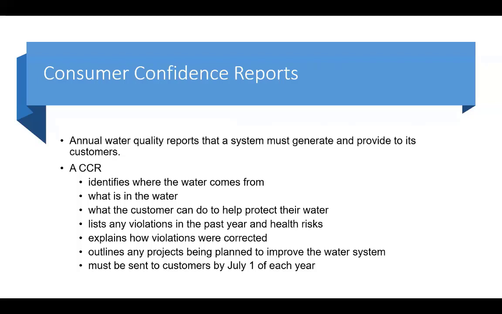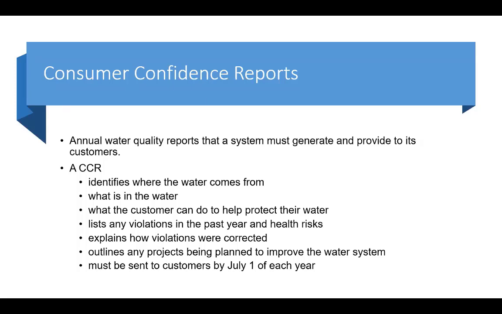We looked at consumer confidence reports earlier this semester, and you saw that community water systems are required to generate and provide these to the customers. Look back at the consumer confidence reports.